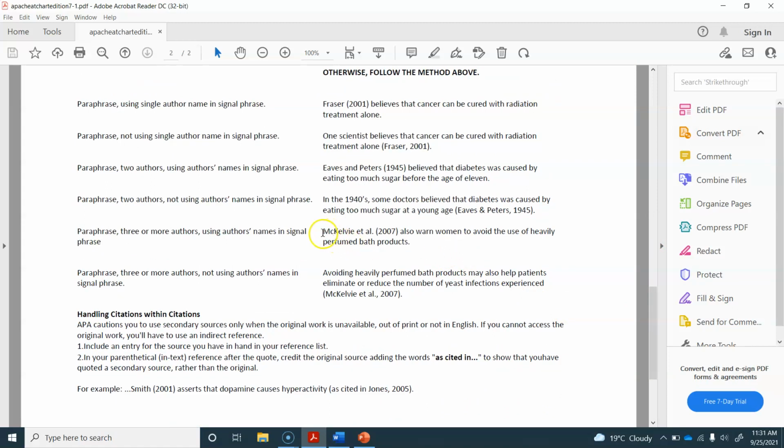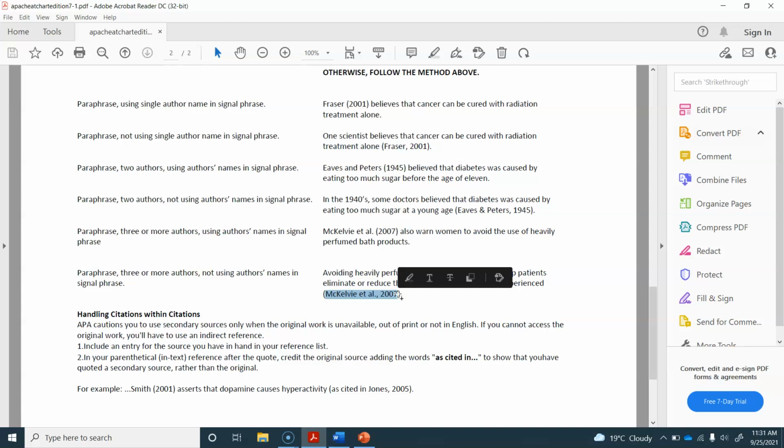So again, look at the example, McKelvey et al., year of publication, then into the paraphrase. Or if I'm not using the author's name in the sentence, everything in a big long bracket at the end. Okay? I hope I've made that as clear as I can.